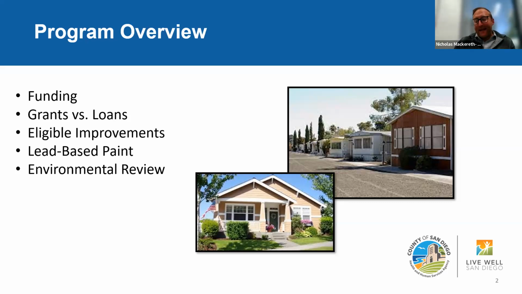This testing is paid through program funding and is not subtracted from the grant or loan amount provided to the participant. We do, however, exclude mobile homes and senior home parks that do not have to go through that testing.